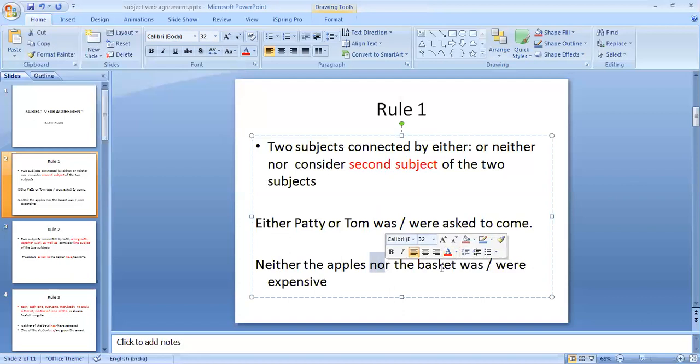The second subject is basket. Basket is singular, and so the answer is was. Please do understand rule number one: when the two subjects are connected by either or, neither nor, give importance to the second subject.